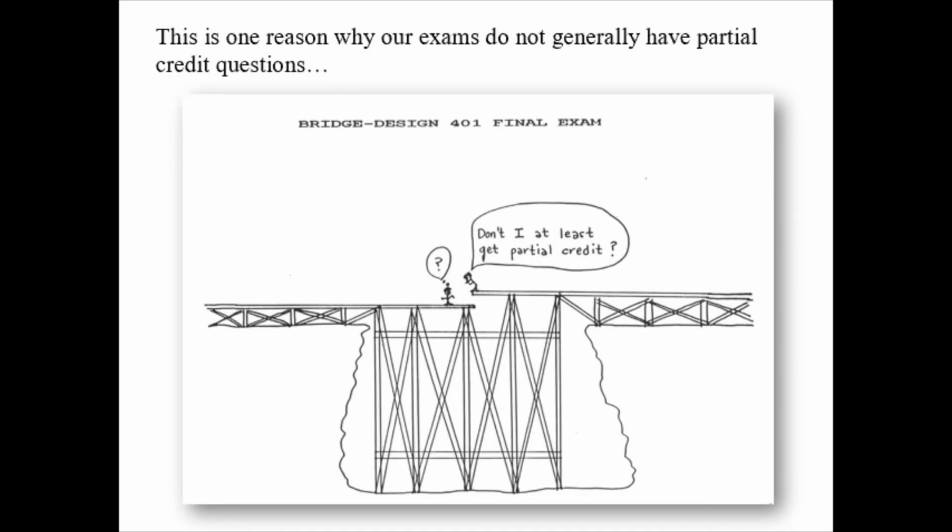So take heart. Most of the time in summer classes, with the class a little smaller, I will do some partial credit, but understand that when you have large classes of 50, 60, 70, 100 students, many times the partial credit grading is just not viable for most professors, and multiple choice is used.